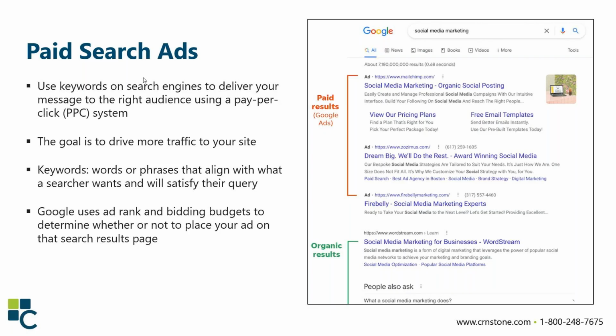Below, you then see the results that were generated organically. So those results that were generated as a result of the website's SEO efforts while creating their website. So that's focusing on the language that your website is using, any of the images that your website's using, how quickly it loads, how easy it is to navigate. That kind of stuff is what will get you organically bumped more to the top of a Google search result.